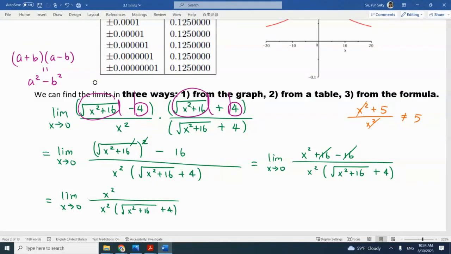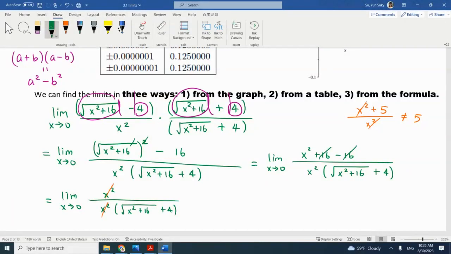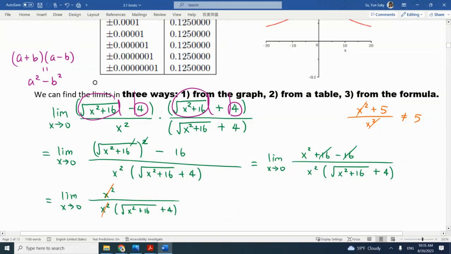Right, everybody? That's why I separate into two steps. Here, we cannot cancel the x squared if it's an addition. We have to make sure it must be a multiplication. Then we can cancel. All right? Okay, so now, yeah, we can cancel the x squared. Do you see this is the bad guy?